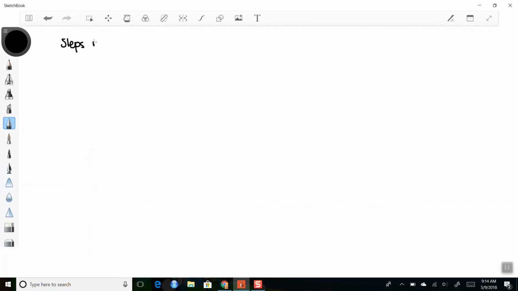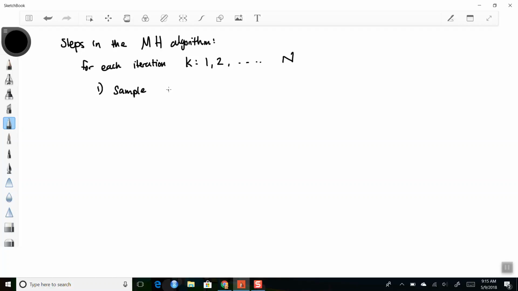The steps in the MH algorithm: for each iteration k from 1 to 2 to n, what you will do is sample your proposal, sample a proposal value.